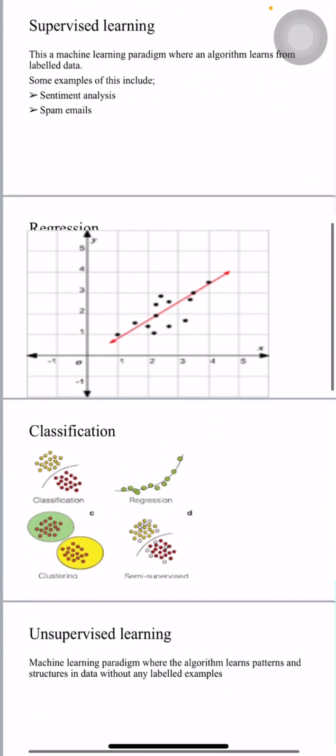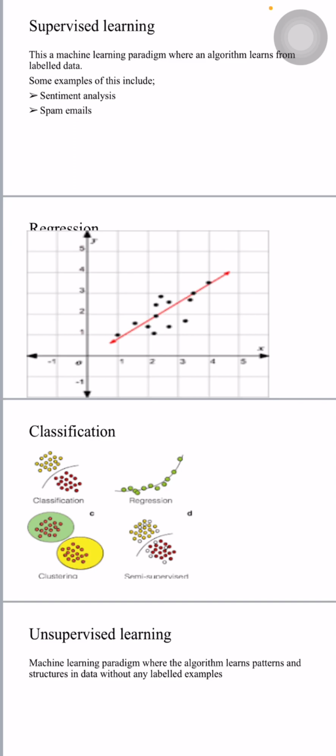So in supervised learning, we have regression and classification as the methods used. In regression, mainly we map our data and generate a line of best fit. Now this line is used to map, let's say, corresponding inputs for data. So after mapping this line, we use that line to make predictions from it.